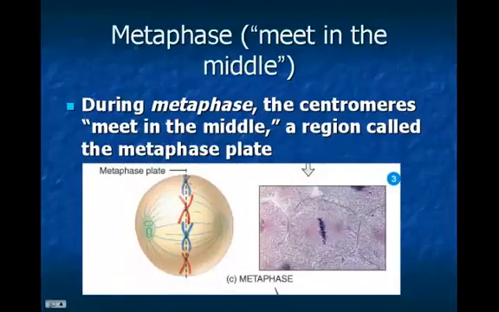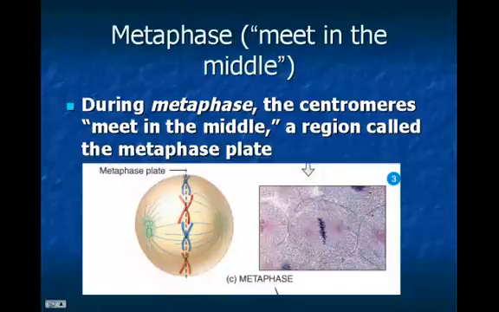Now in metaphase, you're going to see your chromosomes lining up single file at what we call the metaphase plate, the midway region of the cell. Let's go with our example: this is chromosome 1 from mom, and there's our duplicate copy, our sister chromatids.